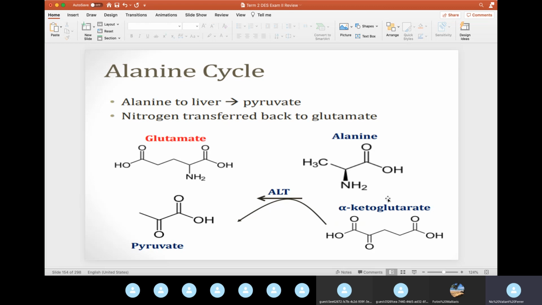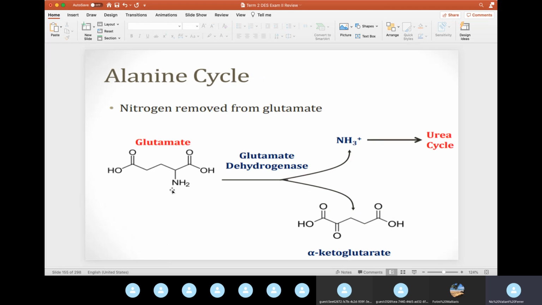They all end in glutamate donating the NH2, with glutamate dehydrogenase cleaving that NH2 so that the NH3 plus, because you're removing the bond, can go to the urea cycle. And in the end, when you remove that NH2, the glutamate becomes alpha ketoglutarate. Okay, those are the high yield points.